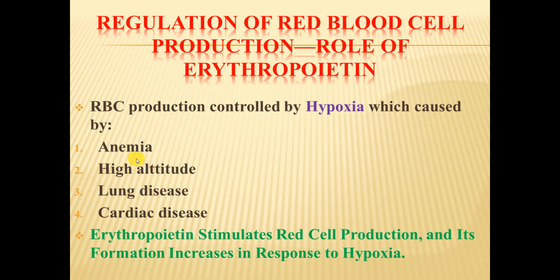These causes lead to the appearance of hypoxia, and this leads to production of new cells. Erythropoietin stimulates production of RBC, and its formation increases in response to hypoxia, as is clear.